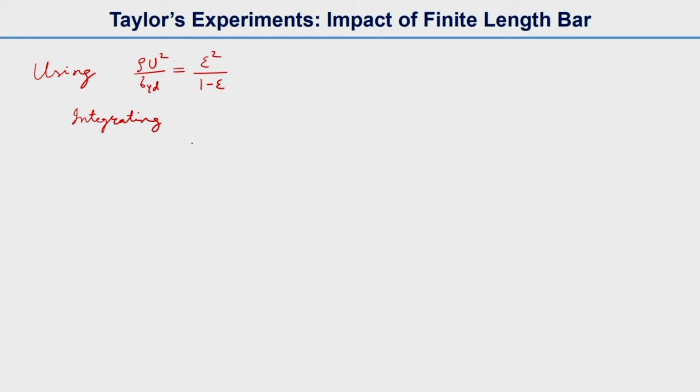Finally we get ln of x equal to the integration of 1 by epsilon square times d epsilon by (1 minus epsilon), which will need integration by parts.